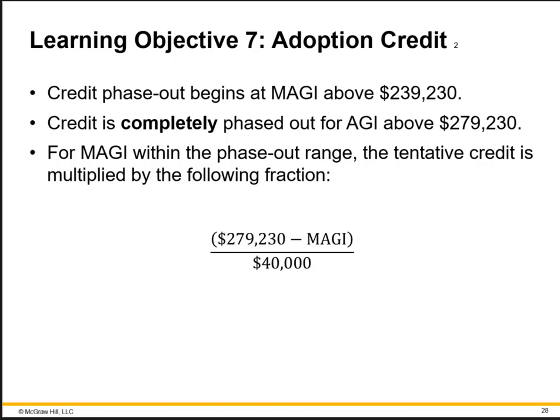So that's a $40,000 range. You take the amount that you spent, multiply it by this formula, and you will get the amount of your credit that is still available.